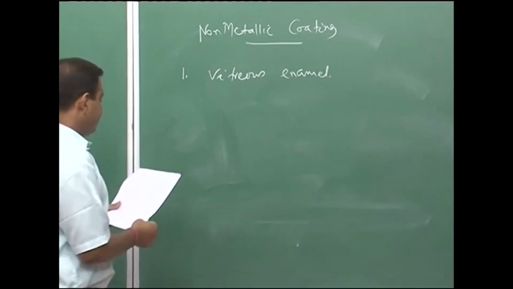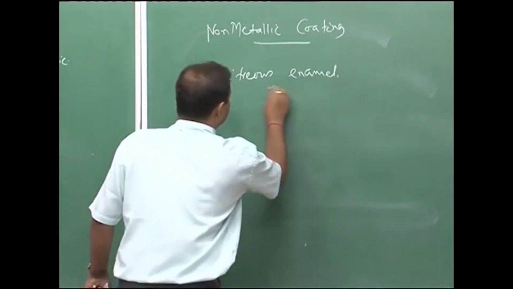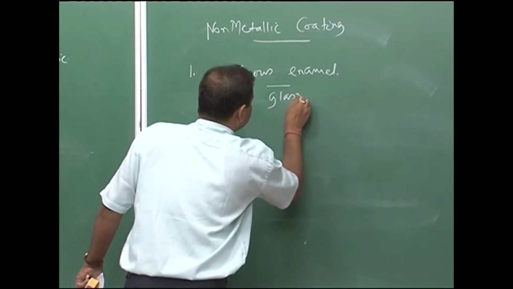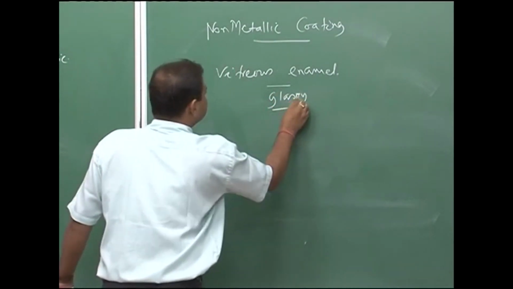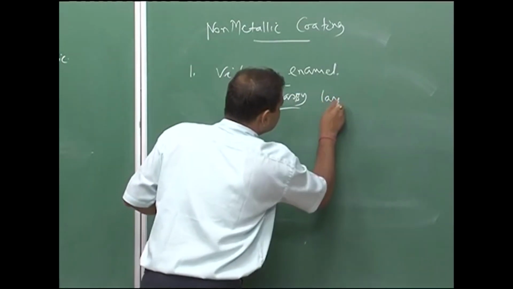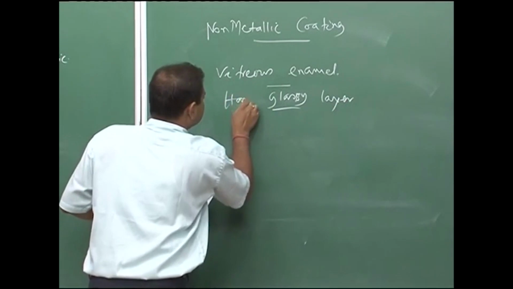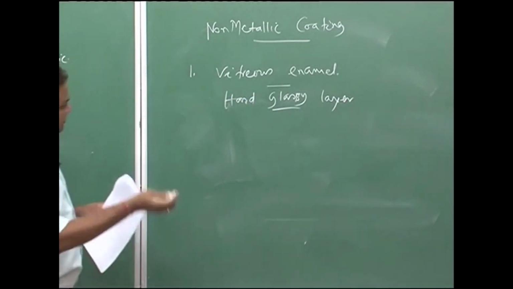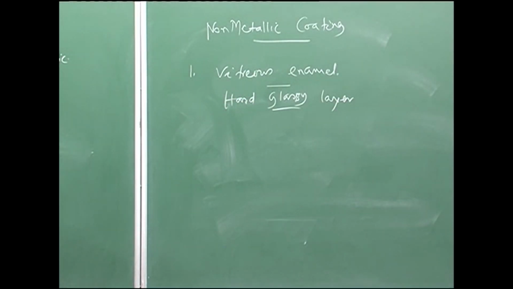These are basically hard glassy surfaces; vitreous means glassy, a hard glassy layer on the metal surface, and due to that, protection is done.